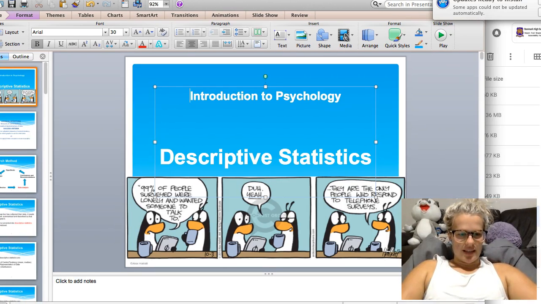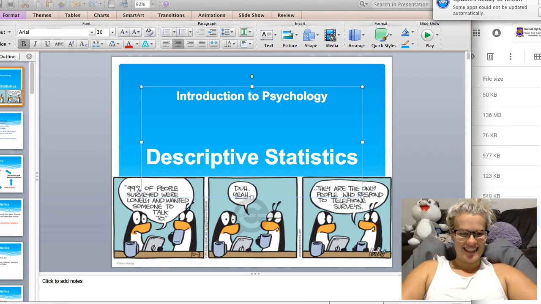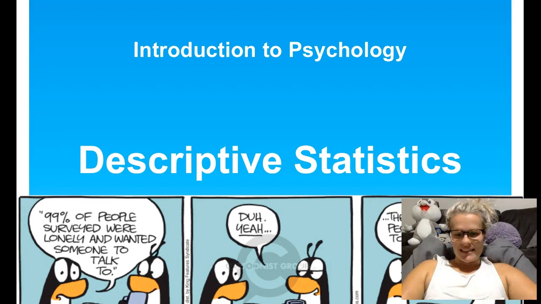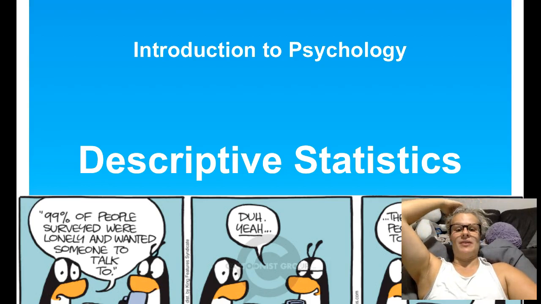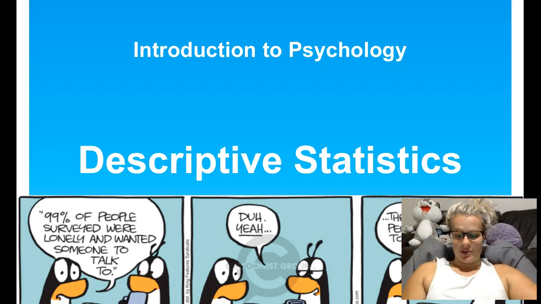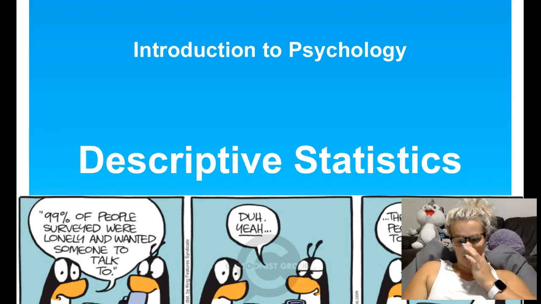Descriptive statistics is only for quantitative data. So remember, quantitative data is all numerical, and statistics is all about analysing that data.